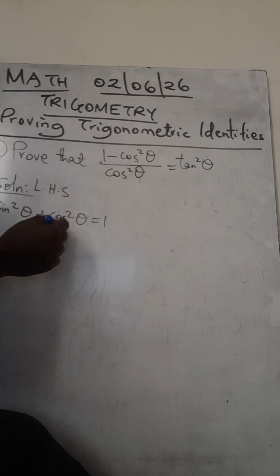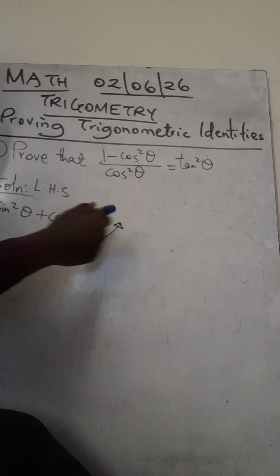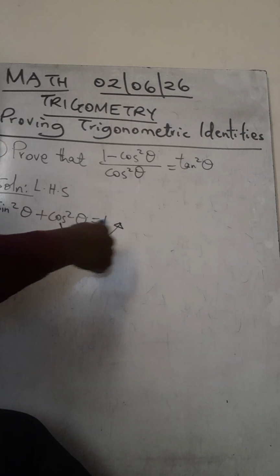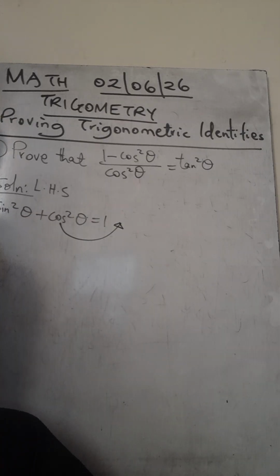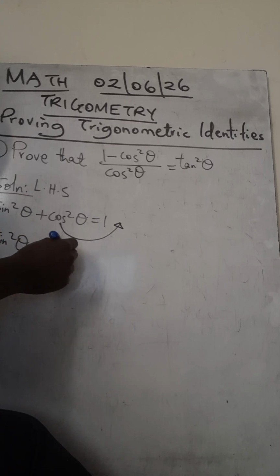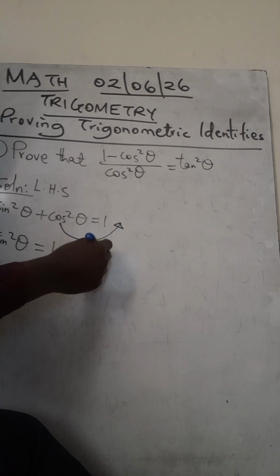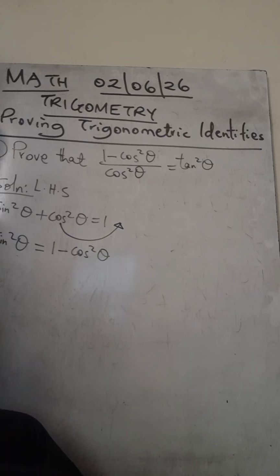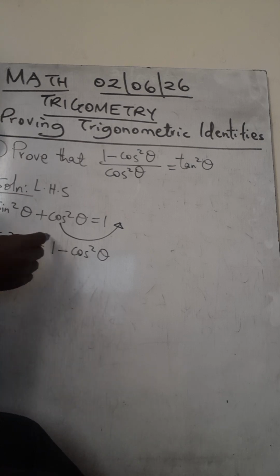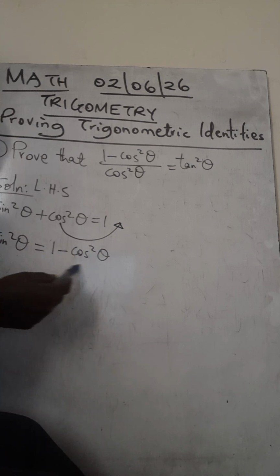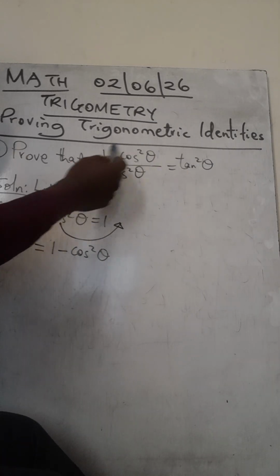We can rearrange it such that we have cosine squared theta removed and taken to the other side of the equal sign, so that sine squared theta equals 1 minus cosine squared theta. Then whatever we have here, you can see this part is just this part here.